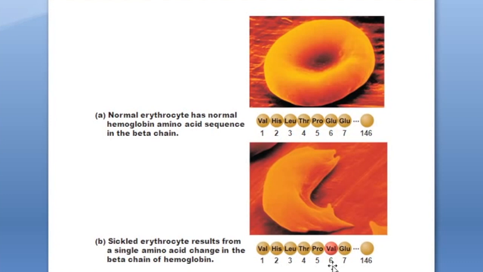It's changed. It's mutated. The code, the DNA, you might remember transcription and translation and DNA replication and all that crazy stuff. Well, I know that it comes from areas where malaria is high, and the sickle cell gene actually protects you from malaria.